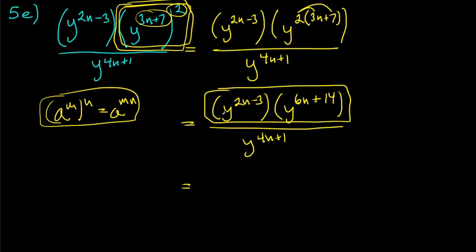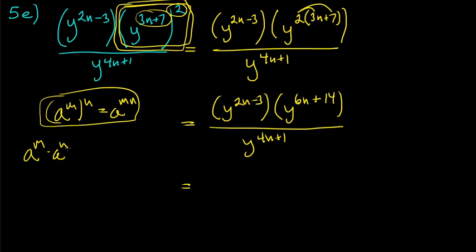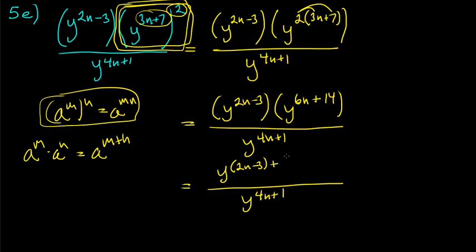Well, notice I have the same base, but different exponents. So when you have the same base and different exponents, here you add the exponents, right? So the denominator will be the same, y to the power 4n plus 1. The numerator will be y to what power? So 2n minus 3 plus 6n plus 14.